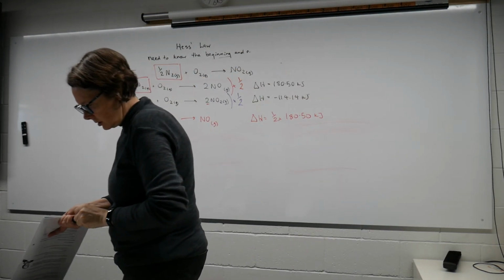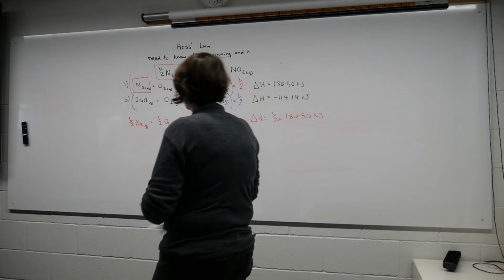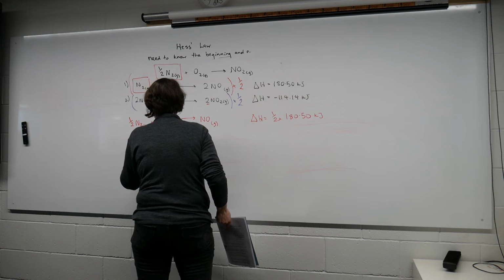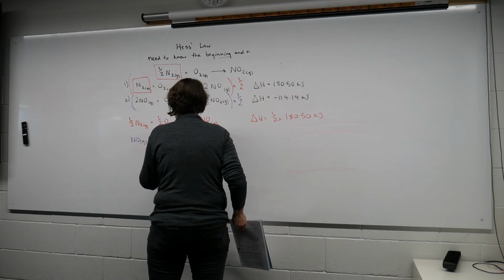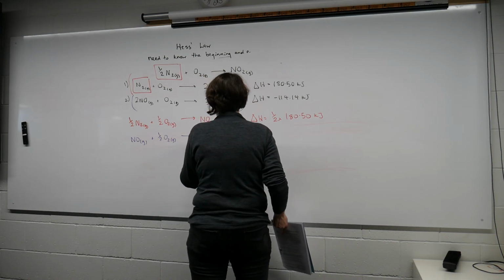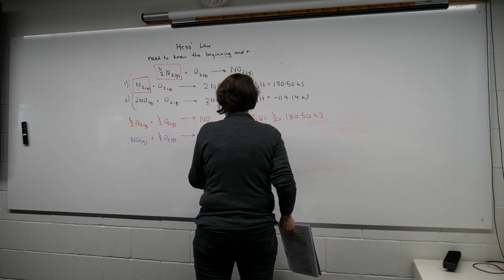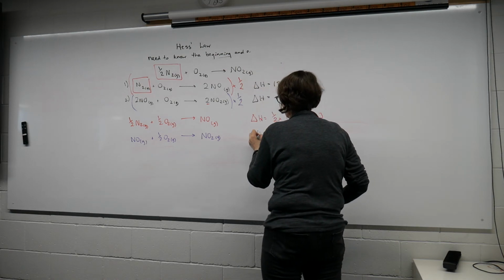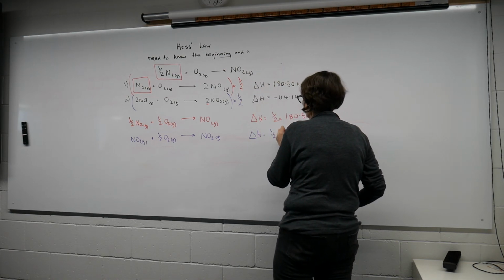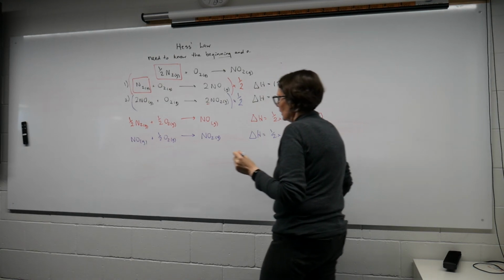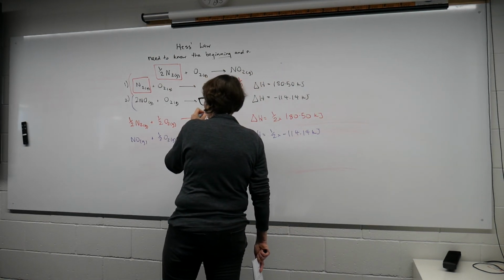And then our second one is just going to be NO gas plus a half O2 gas, gives us NO2 gas. We're going to multiply that by a half as well. That's 114.94 kilojoules.